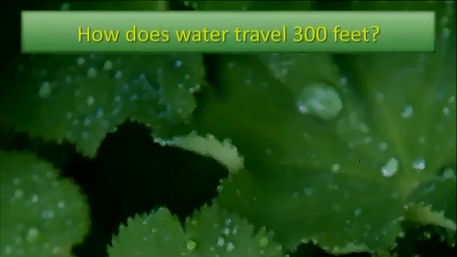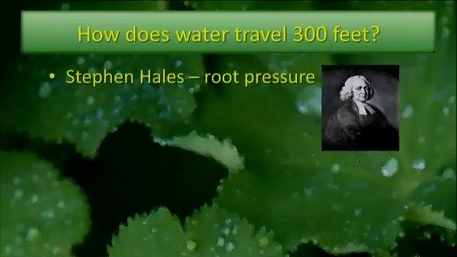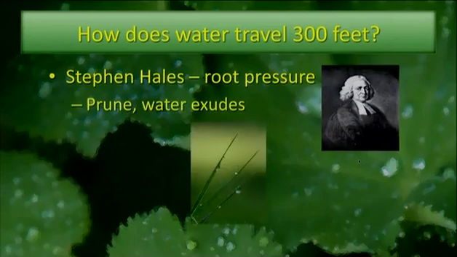Now, how does water travel up a plant? 1 foot, 5 feet, 20 feet, 50 feet, 100 feet, or 300 feet, because there are some trees that are 300 feet tall. So this man named Stephen Hales got the idea of root pressure. If you prune a stem during the springtime, water can exude from it.